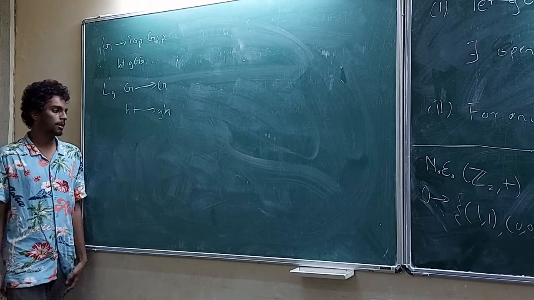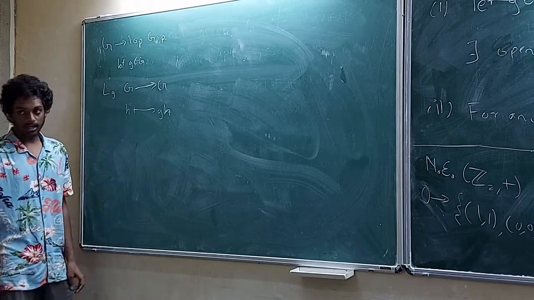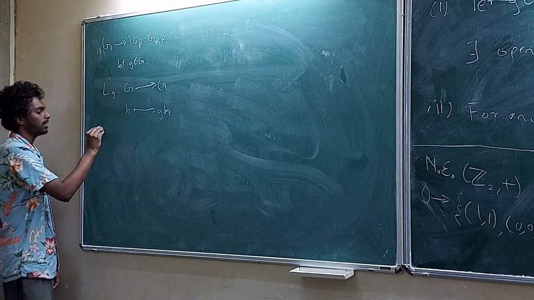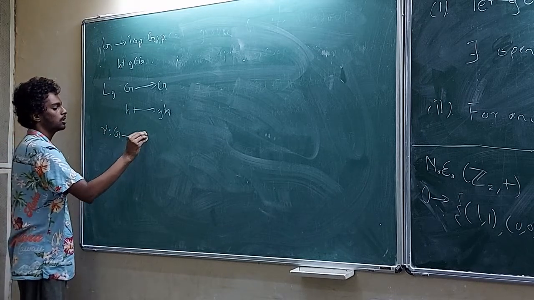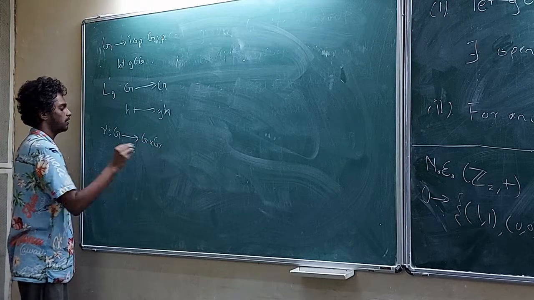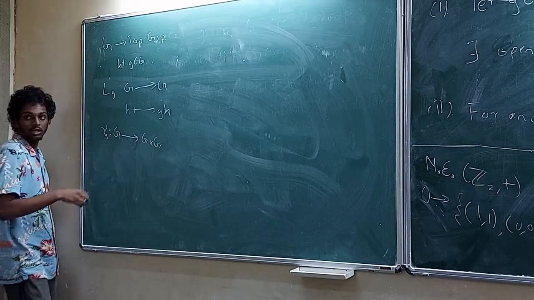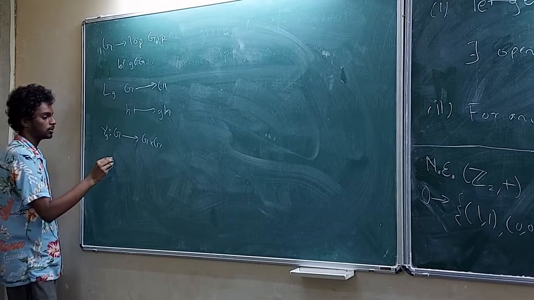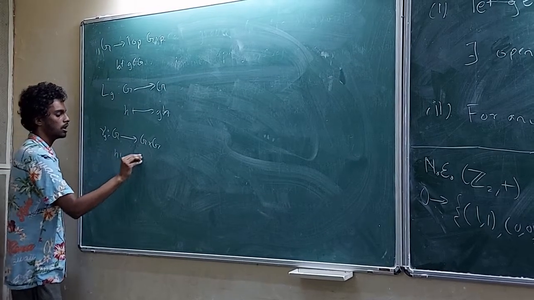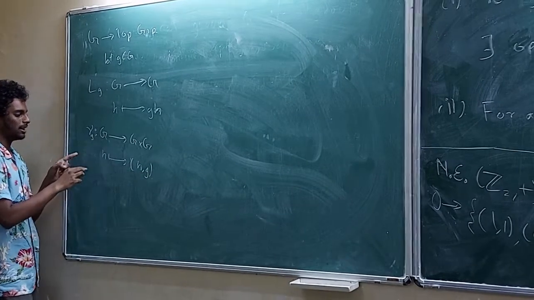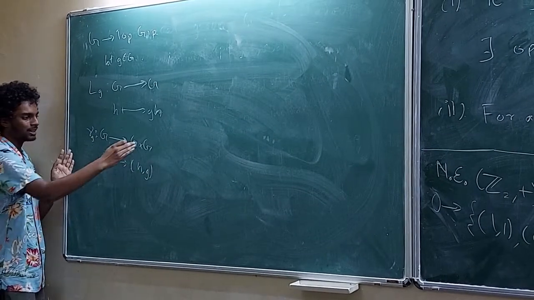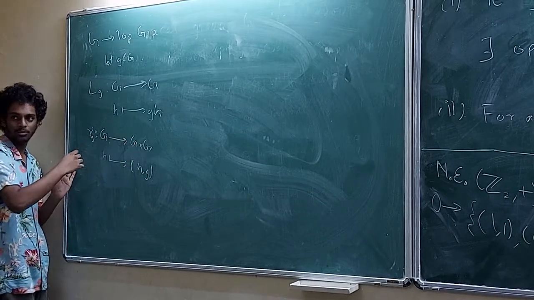It is bijective. More than that, if I define this map gamma_g from G to G cross G, which takes h to (h, g), right? This is basically identifying G with one line in this, isomorphically.